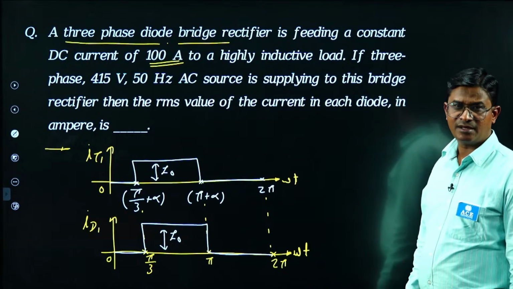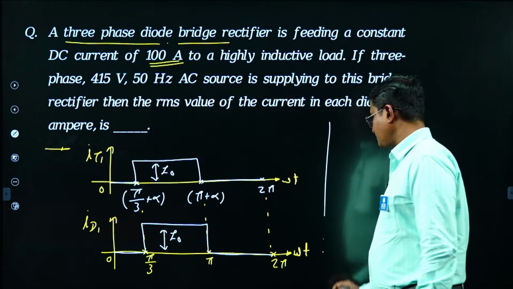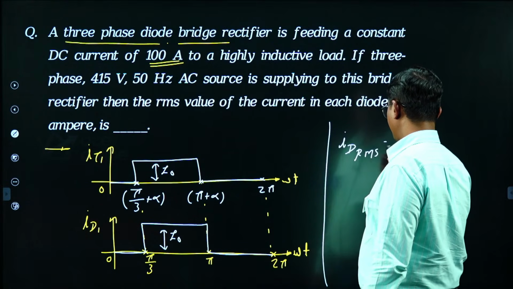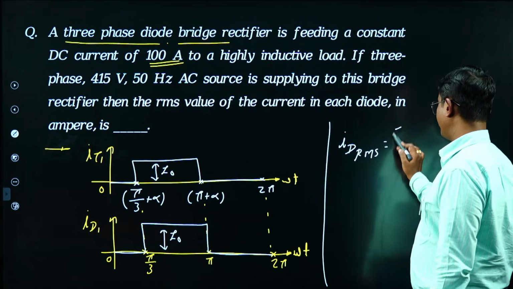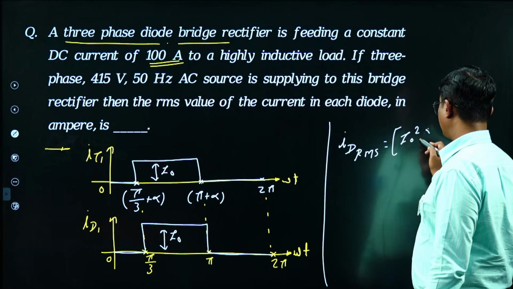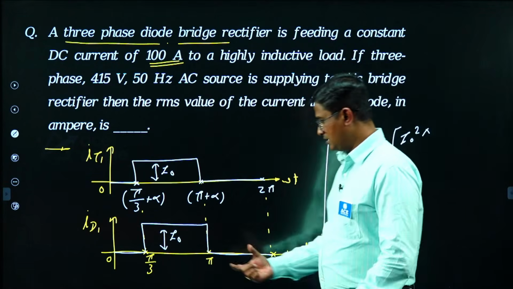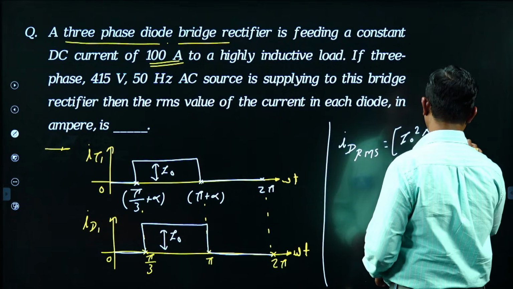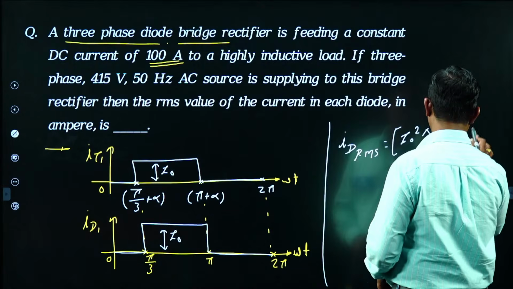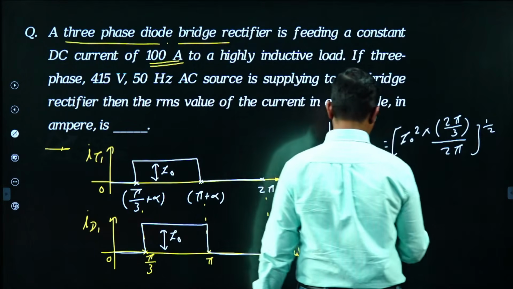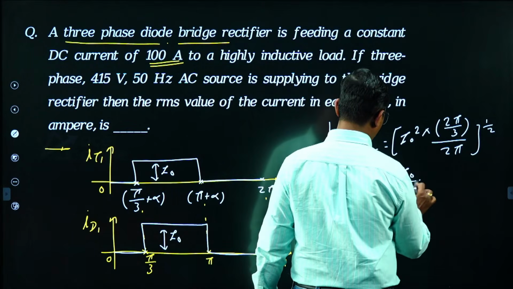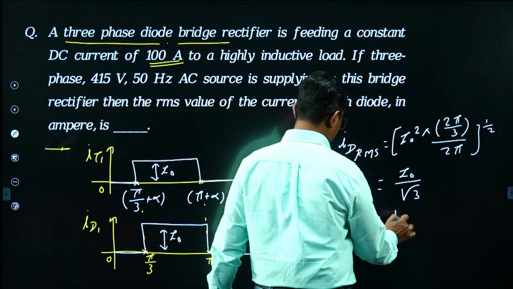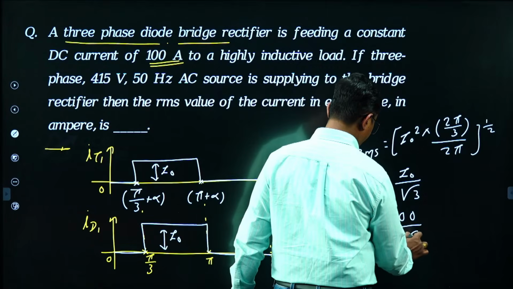Now we can find the ID RMS. ID RMS is equal to the square root of amplitude squared times the duration, which is 2 pi by 3, upon the periodicity, that is 2 pi, and that is equal to I0 by root 3. I0 is 100, so you will get 100 by root 3 ampere.